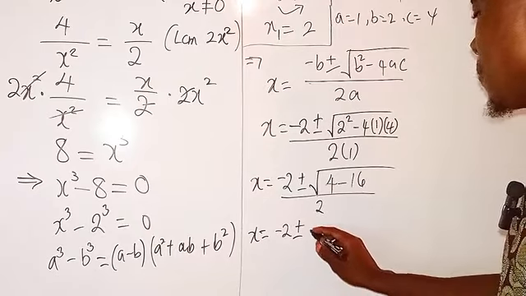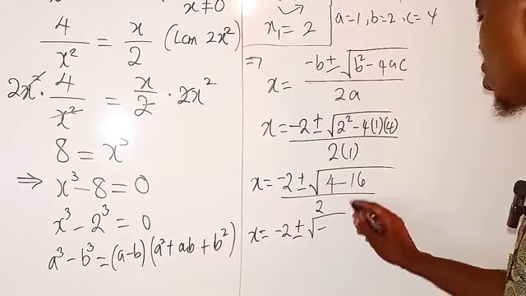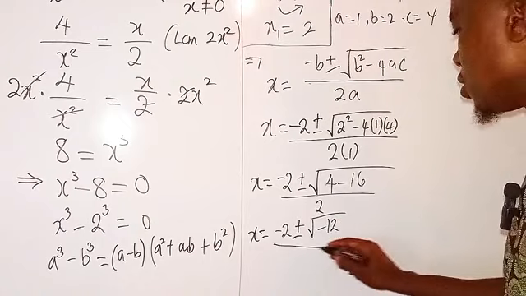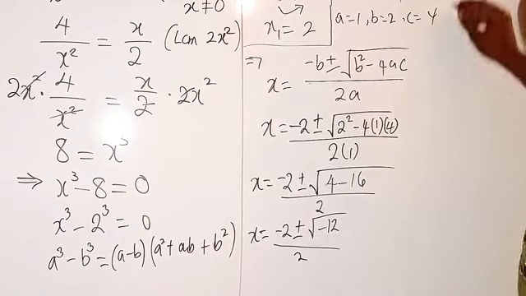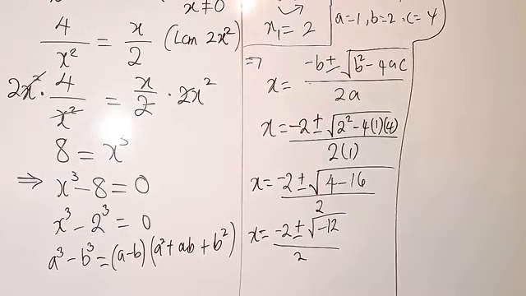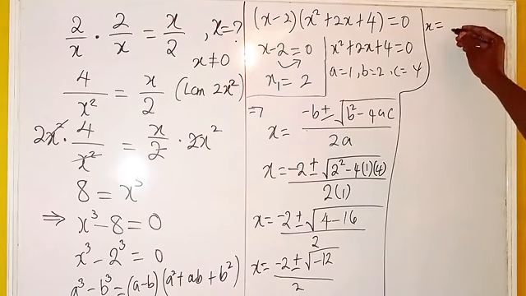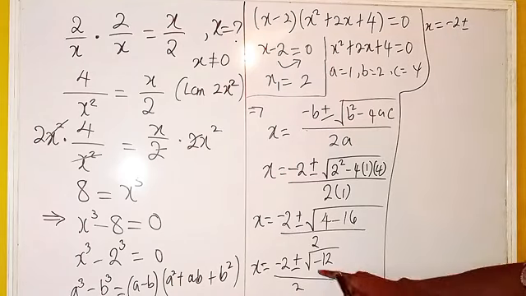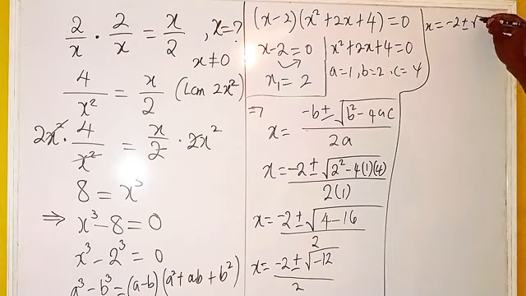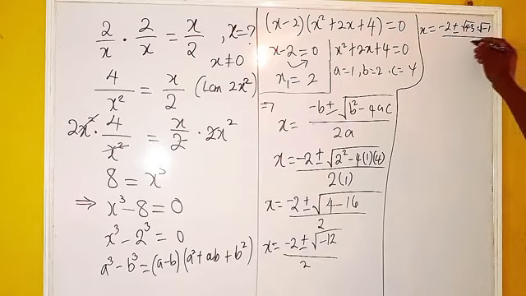That will give us the square root of minus 12, then divided by 2. So now from there, x equals minus 2 plus or minus. We can rewrite this as root 4 multiplied by 3, that is 12, then multiplied by root of minus 1, then all divided by 2.